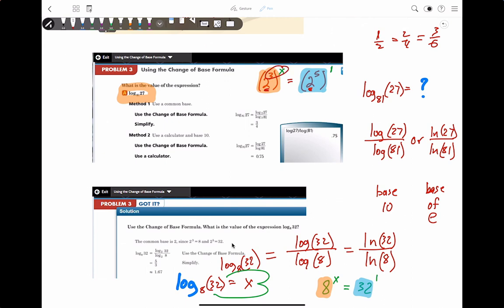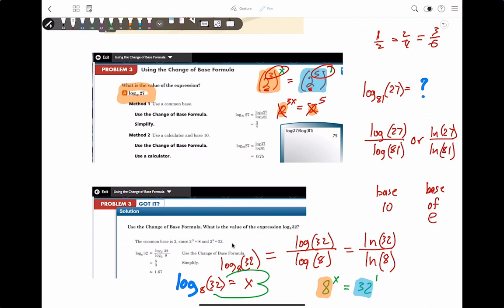So power raised to a power, we multiply. So I have 2 raised to the power of 3x is equal to 2 raised to the power of 5. That means if those bases are the same, which was my strategy here, then I don't even have to think about them anymore.